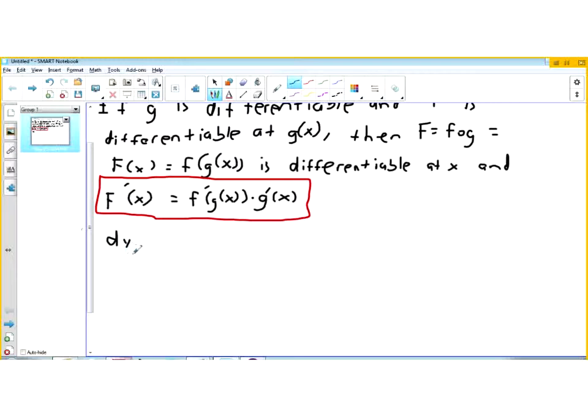So in other words, if we have something like this, one way of visualizing the derivative of a composition of functions: suppose that y is a function of u, okay? And u is equal to a function of x.